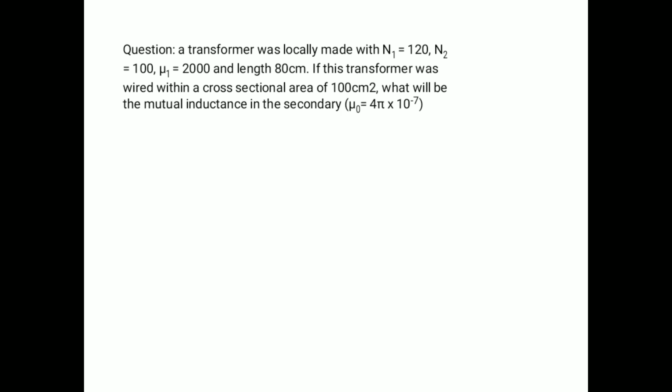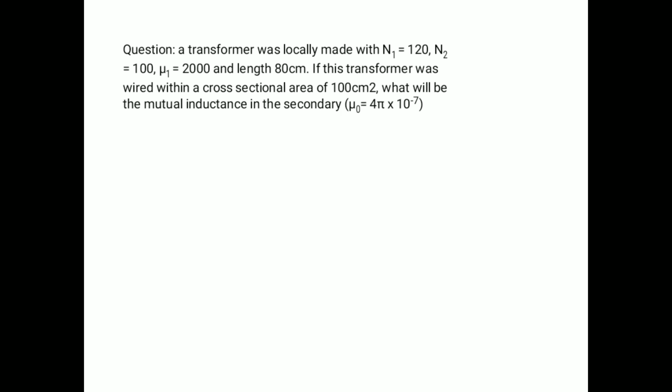Now here we are asked: a transformer was locally made with N1, that's the primary coil, 120, and N2, that's 100. The relative permeability is 2000, and the length of the coil is 80 centimeters.